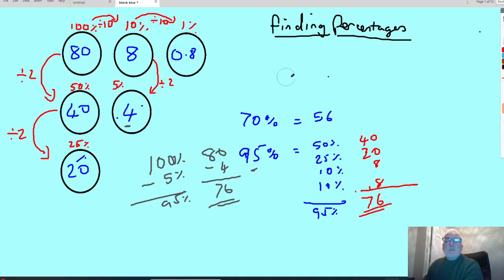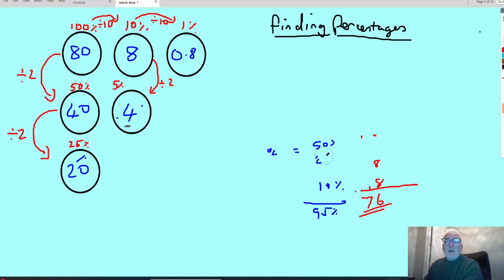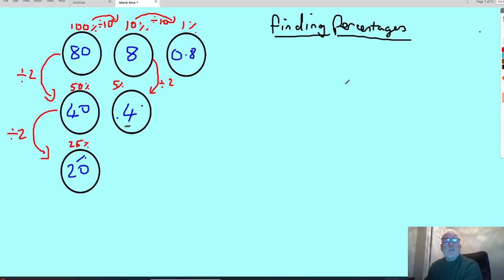Right, we're just going to look back at this percentage. We're not going to put another one in there, but if you wanted to find any percentage at all, and you quite like doing multiplication, if multiplication you find easier than addition and subtraction, then you could always find the 1% by taking the value you've got, dividing it by 100, which is what we've done in the top row of bubbles, and we've got 0.8.